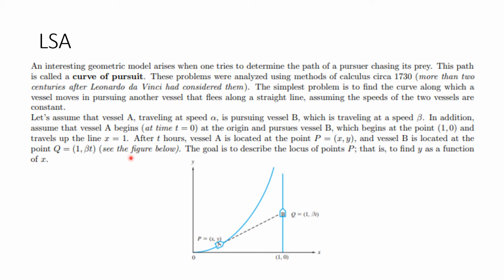After t hours, vessel A is located at the point P equal (x, y), and vessel B is located at the point Q, (1, beta t). And you see that from the figure. The goal is to describe the locus of points P, that is, find y, the pursuit curve, as a function of x.